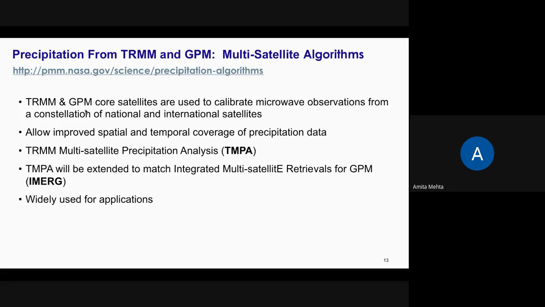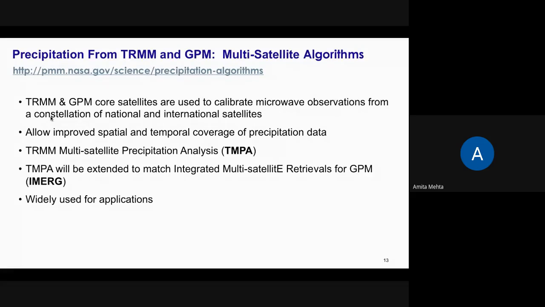Okay. So here, let's see, TRMM and GPM. As I mentioned, they're satellites, mostly with microwave radiometer and radar, but they are used in conjunction with a constellation of national and international satellites.